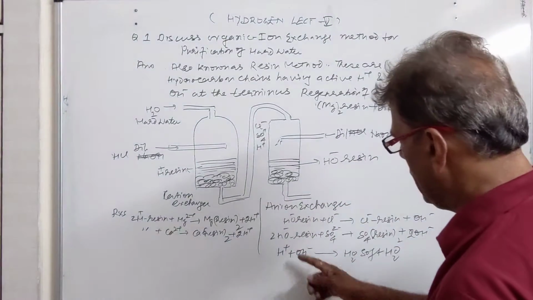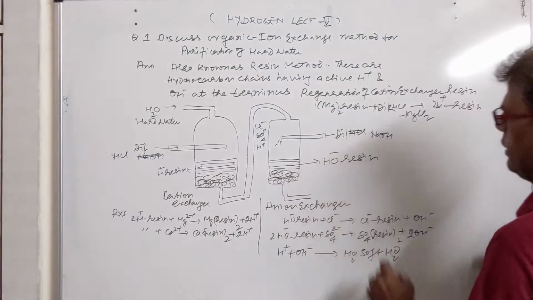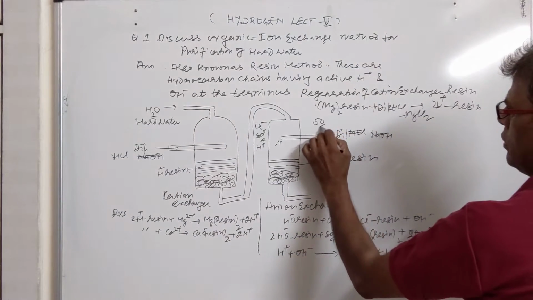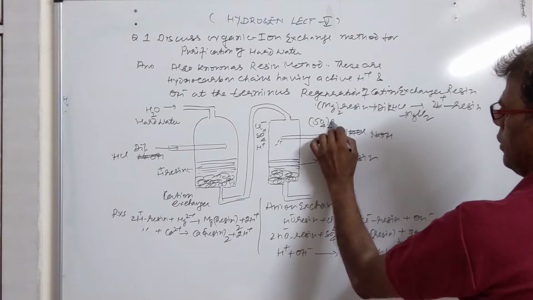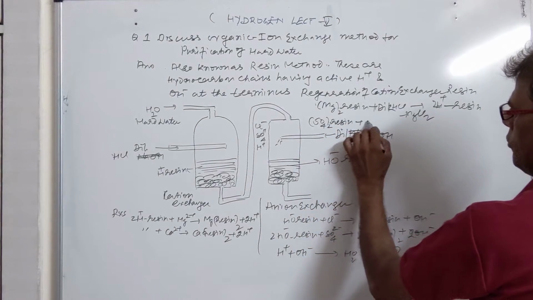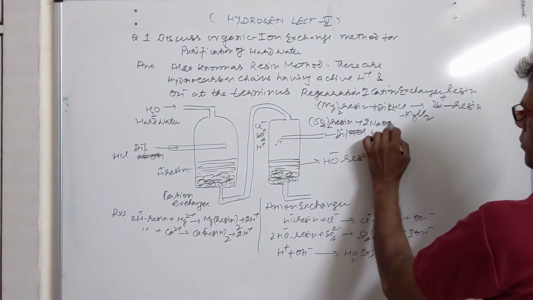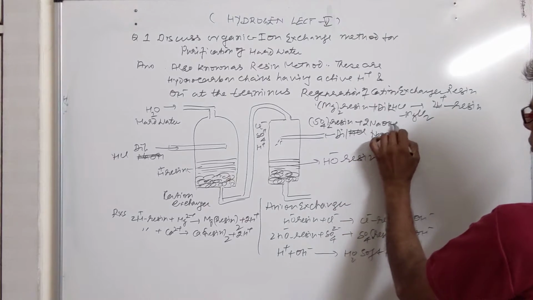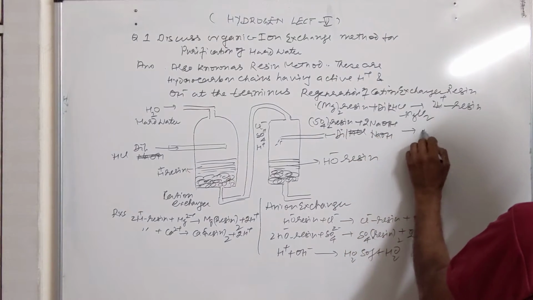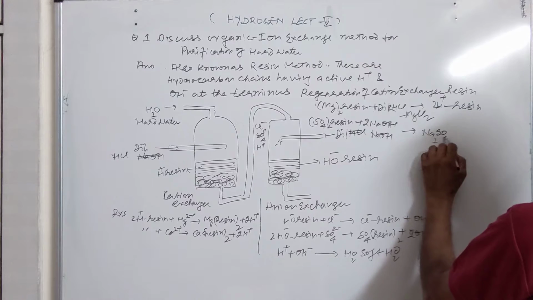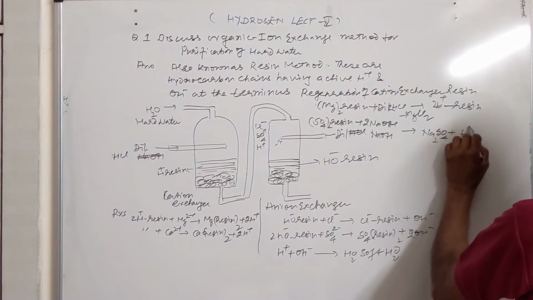So now regeneration of the anion exchanger resin: sulfate reacts with 2 NaOH added from here, and it will give you Na2SO4 plus OH resin.